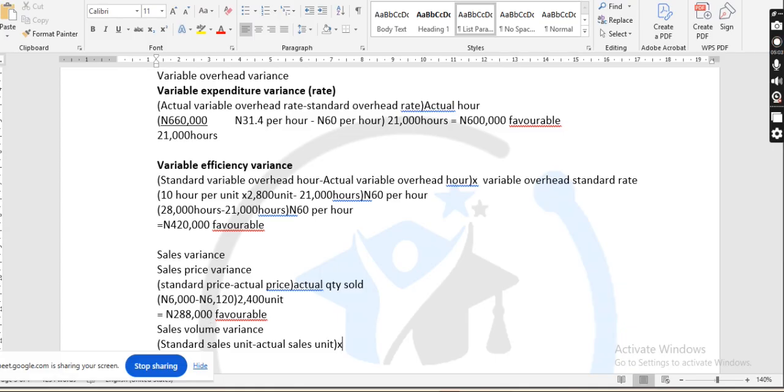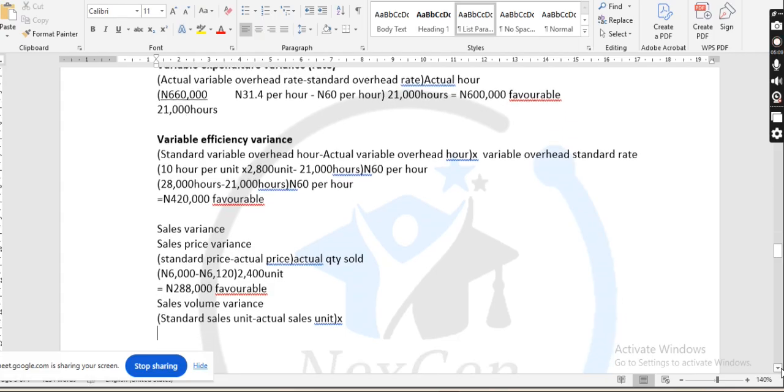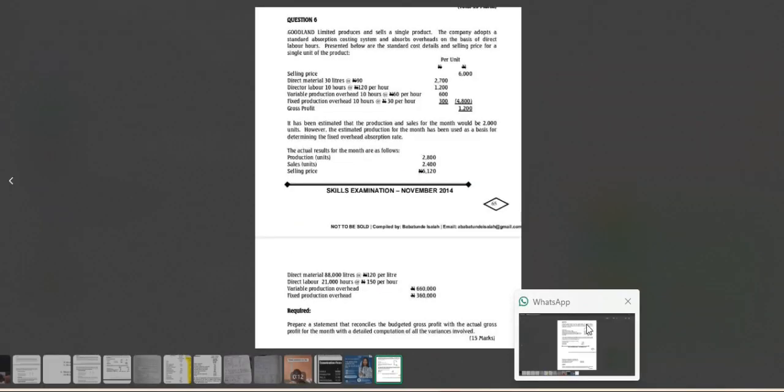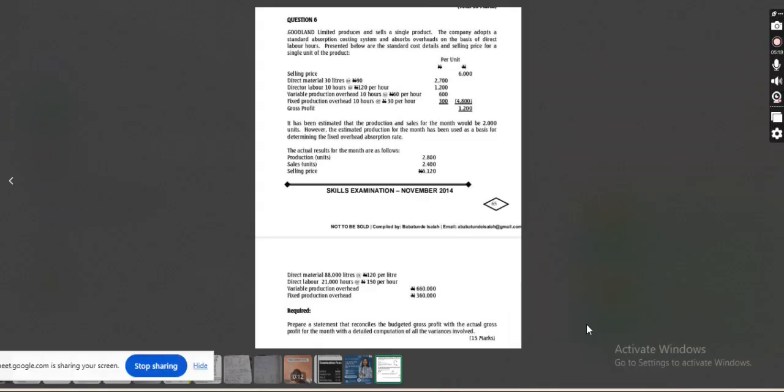Now, you want to compare the volume. You need to look from the question on which basis the company prepares its product: marginal costing or absorption costing? At the beginning of this question, it was stated that the company adopts standard absorption costing.